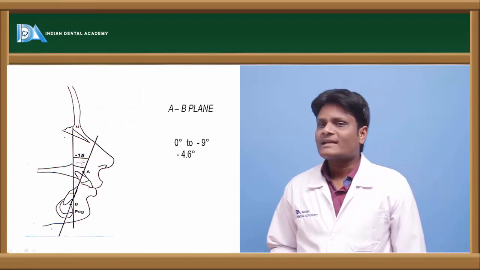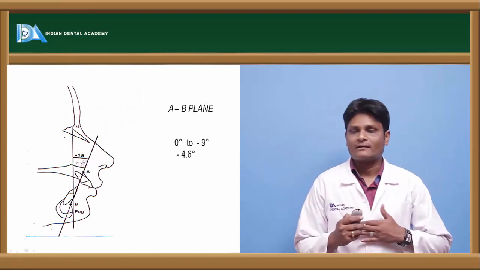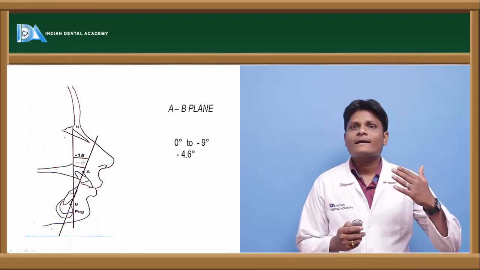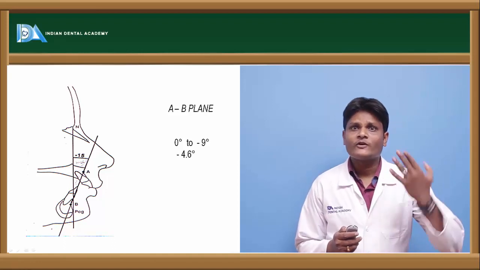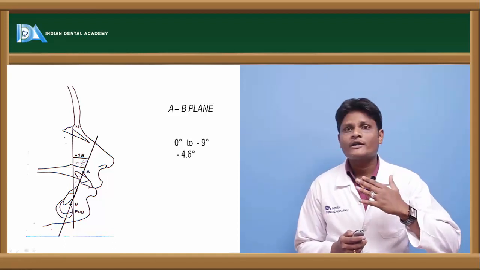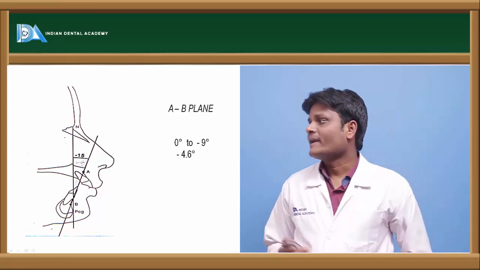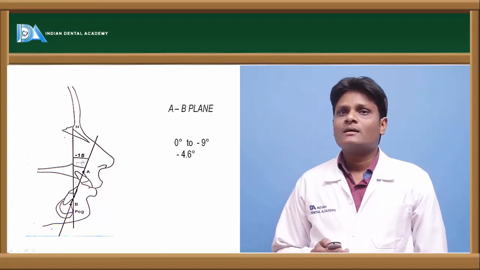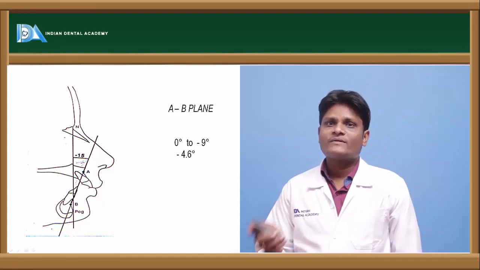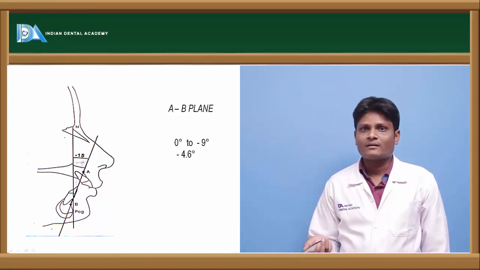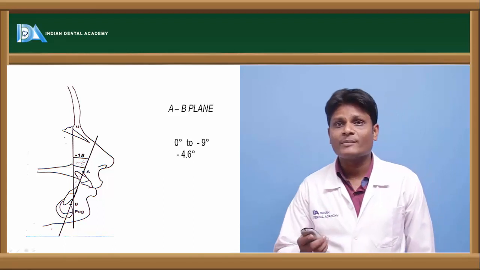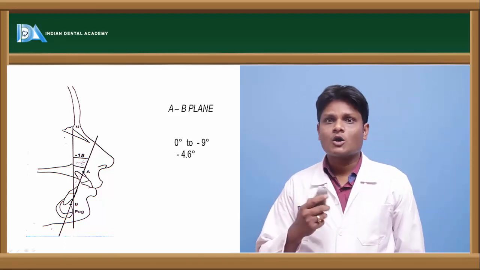Now, the next angle is the AB plane angle. Here we have the NPog line and we draw a line from point A to point B. The average angle is minus 4.6 degrees. Remember, don't get confused between angle of convexity and AB plane angle. Both angles indicate the same parameter, whether the face is convex or concave.